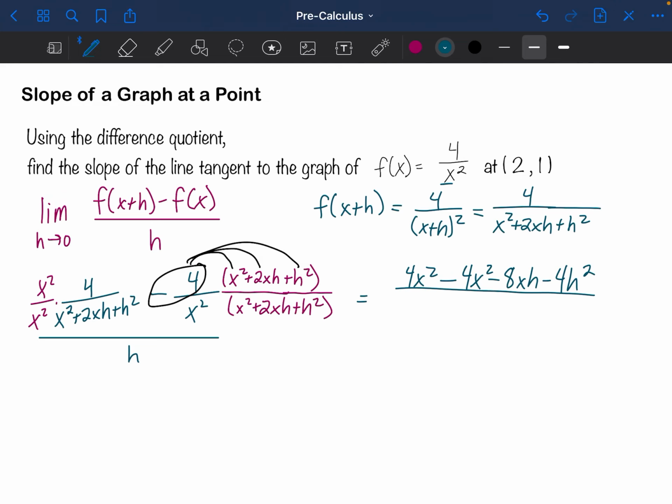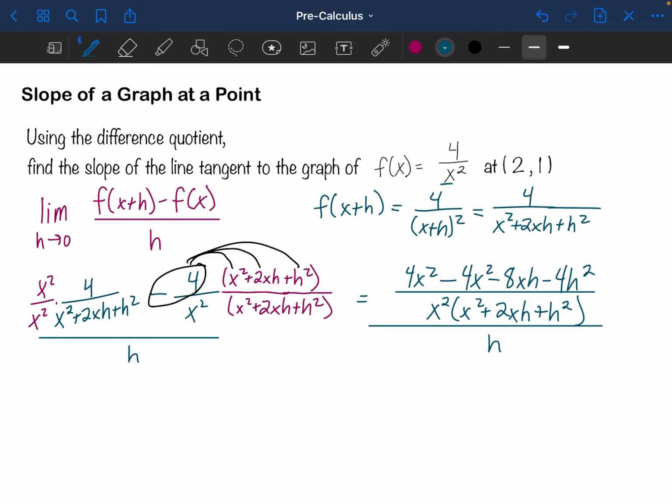And then all over the common denominator, x squared times x squared plus 2xh plus h squared. And then this is all over h. At this point, the stacked fractions are not super pleasing to the eye, so I'm going to move that h.